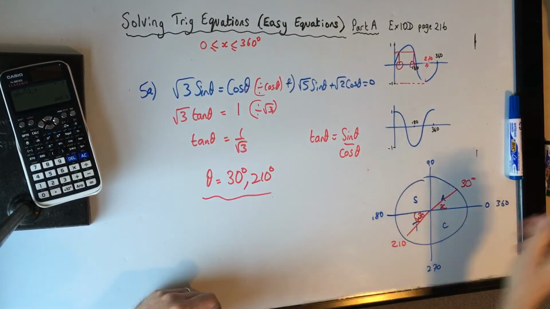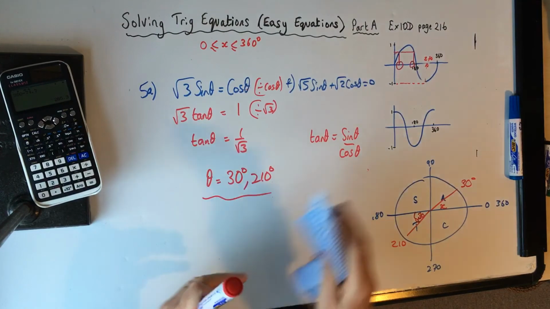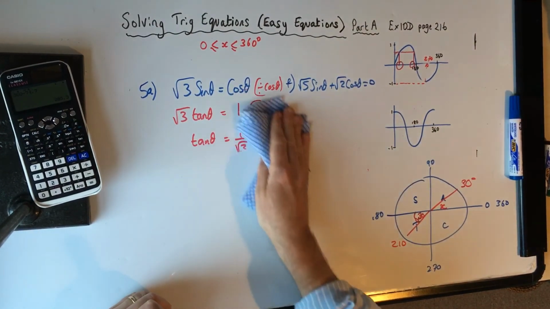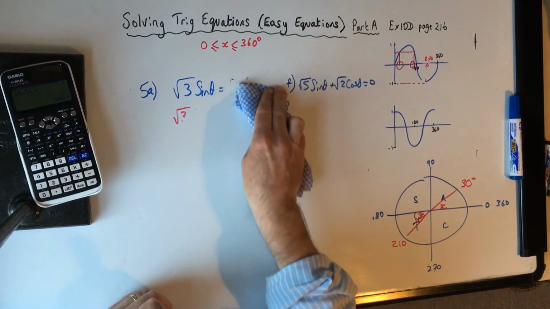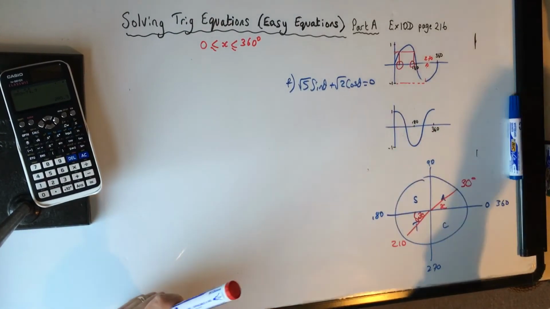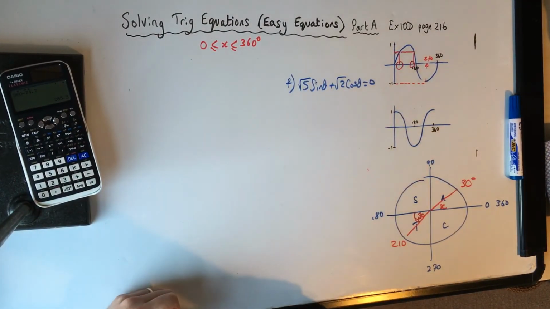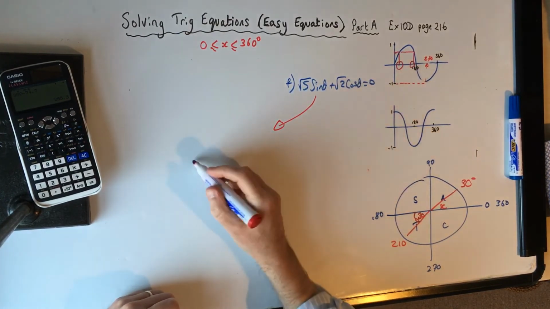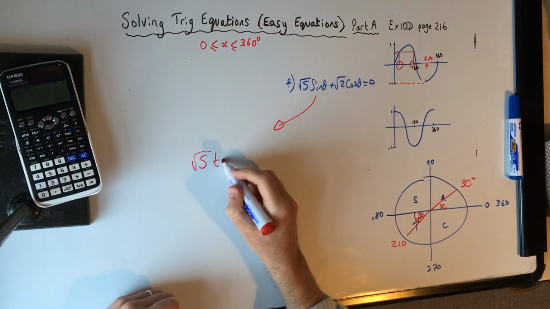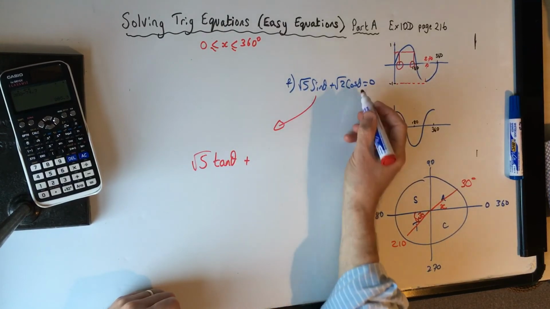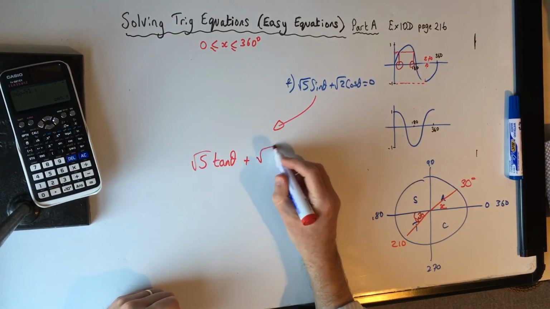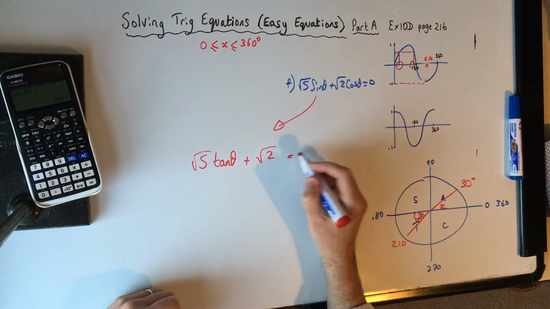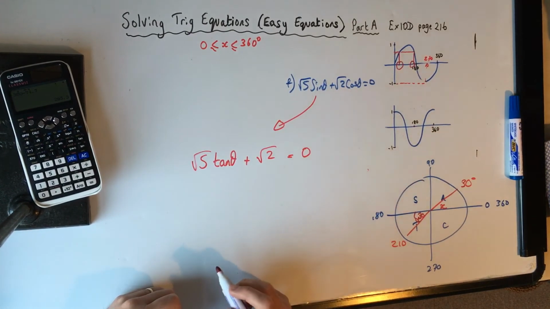Okay, and the same again with this one here. Whoa, get rid of that. We've got them both, divide through by cos. I'd have √5 tan theta plus cos divided by cos is 1, so I just get √2, and 0 divided by cos is still 0.